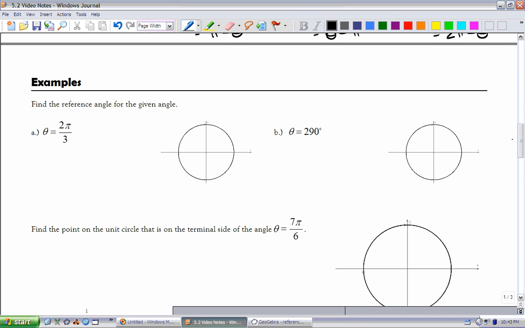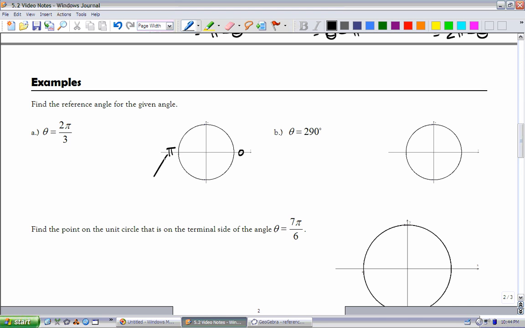Quickly here, find the reference angle for the given angle. Well, 2 pi over 3. Some people want to convert that straight to degrees. I would say this: if you think of pi as 3 pi's over 3, then 2 pi over 3 is 1 pi over 3 less than that, which puts you in the second quadrant, and it helps you see what the reference angle is.